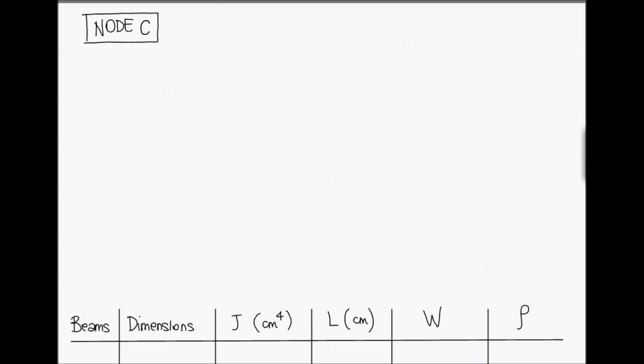We now consider node C. Here on node J we are on the symmetry axis, so we have this restraint.